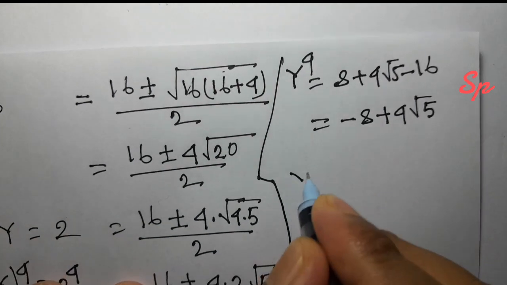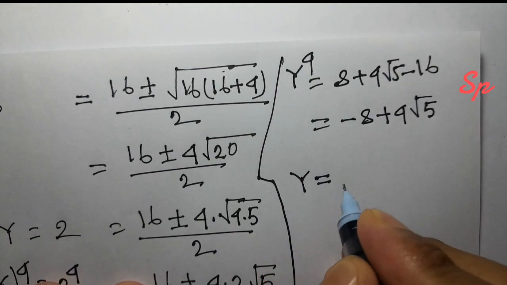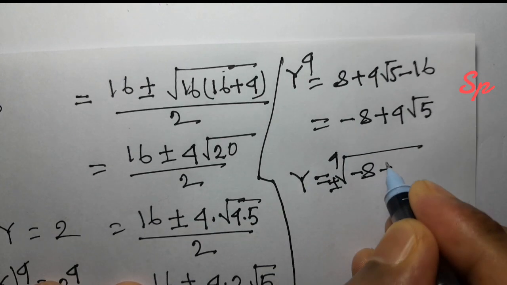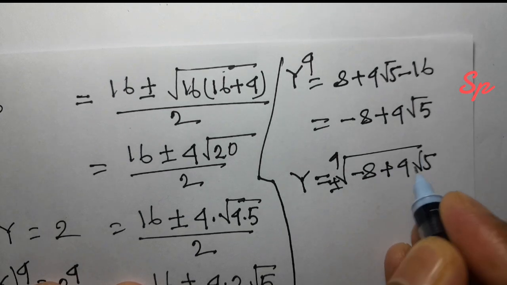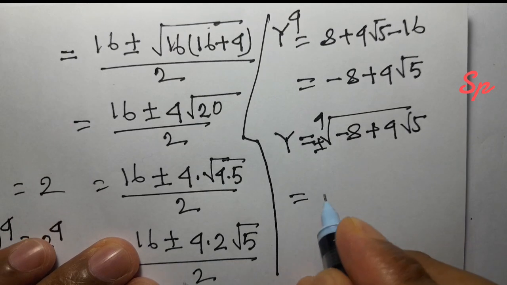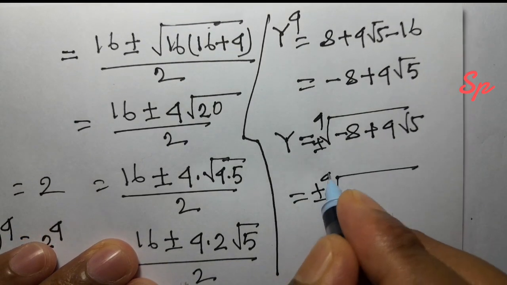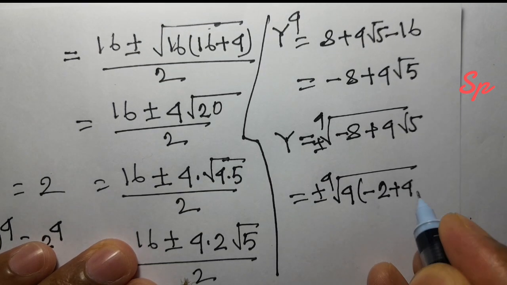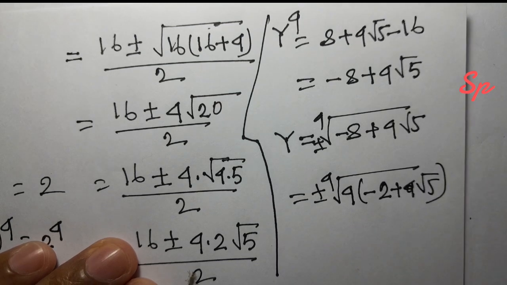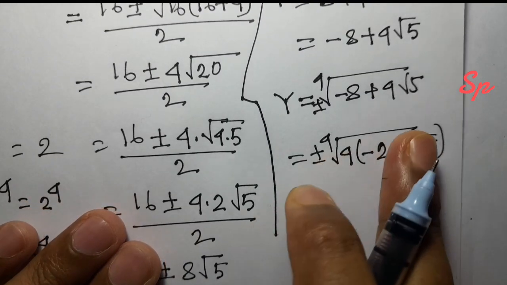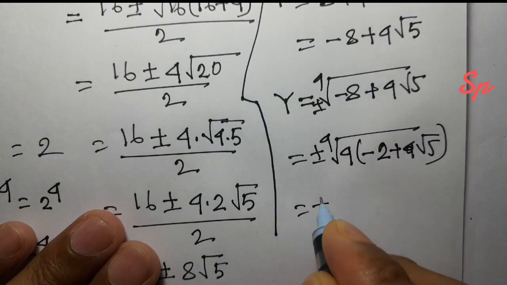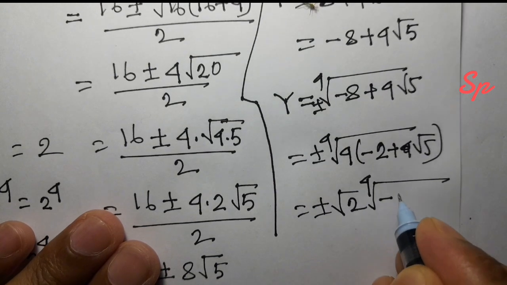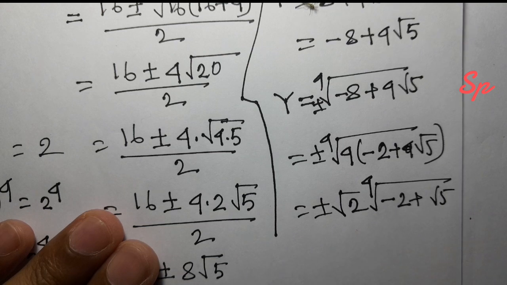So I can write y is equal to the fourth root of plus minus of minus 8 plus 4 root 5. Here 4 is common, so plus minus fourth root of 4 times minus 2 plus root 5.